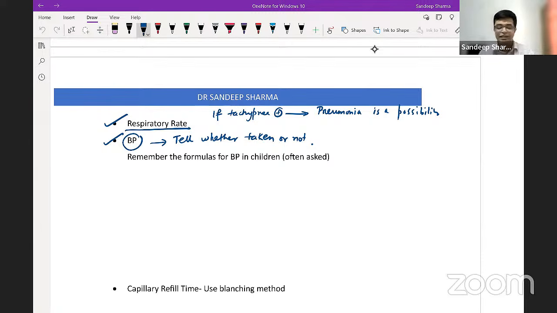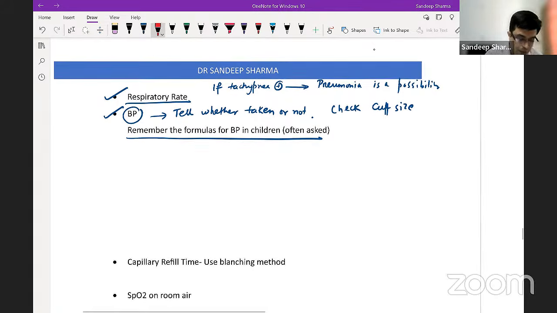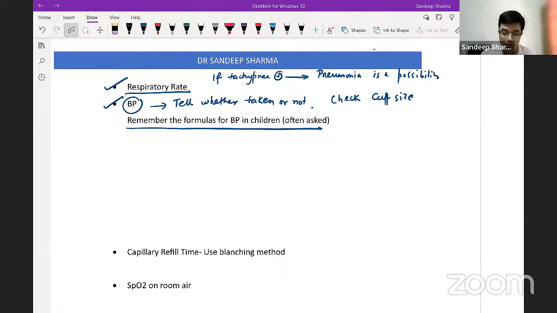So for BP, tell whether taken or not, and whether appropriate cuff size is available or not, and check for the cuff size. Irrespective, they will ask you for the formulas for BP in children. So what are the 3 formulas that you need to remember? I have seen people often forget about it.